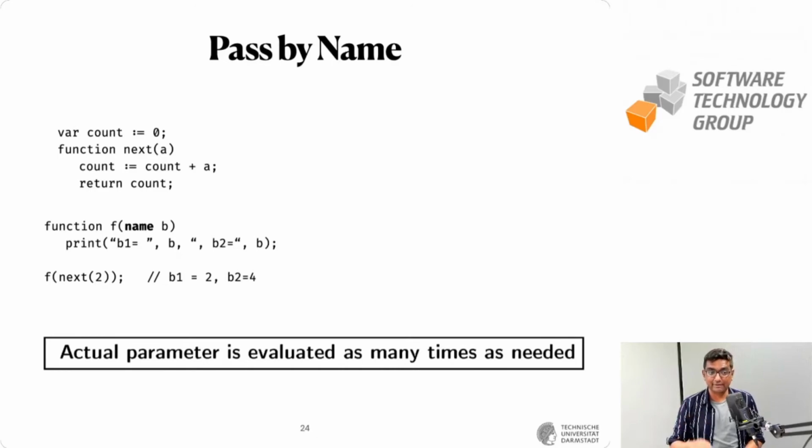And every time next of 2 is called, the count is incremented by 2, meaning what you would get as a result is b1 equal to 2 and b2 equal to 4. Right? As I mentioned before, this is a variant of parameter passing that is used by languages which want to allow you to perform a computation or repeat a particular task multiple number of times.